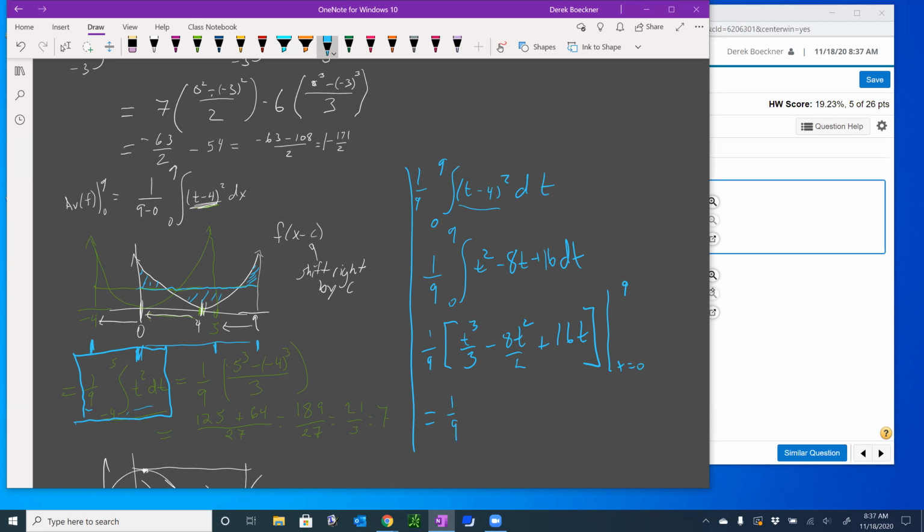So I get 1/9 of... putting 0 in here, it's all going to be 0. So I'm going to have a big minus 0 at the end.